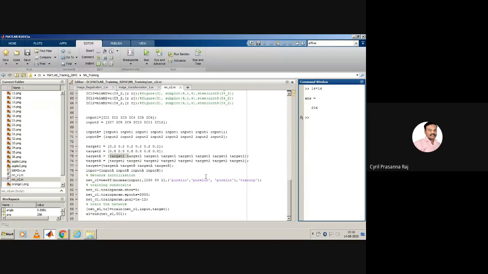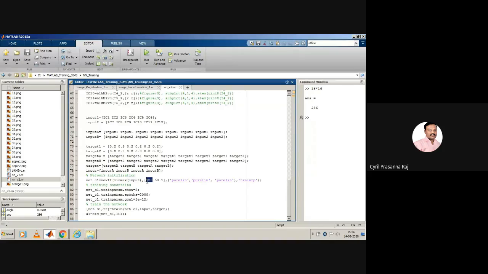So my network will have an input layer of 256 inputs, which will first be reduced to 100 outputs by using 100 neurons in the first hidden layer, then 50 in the second hidden layer, and in the third hidden layer we're making it 1. Okay, because we need only one output, so you get it as 0.2 or 0.8.